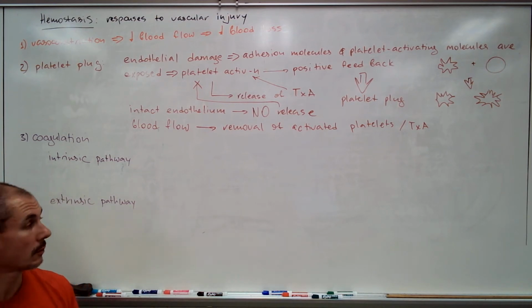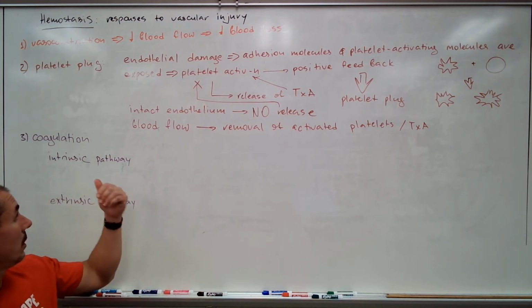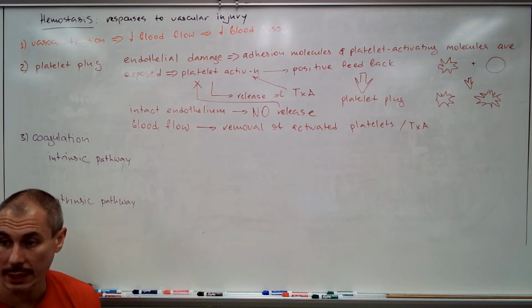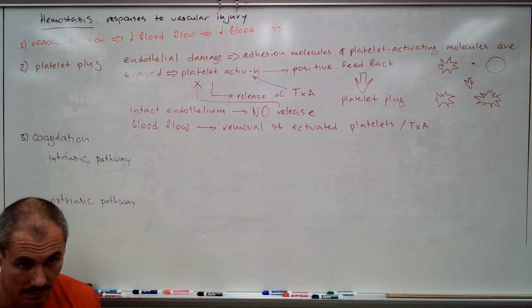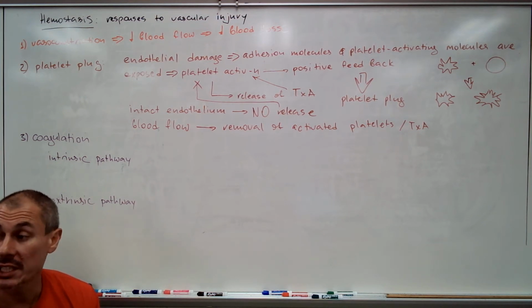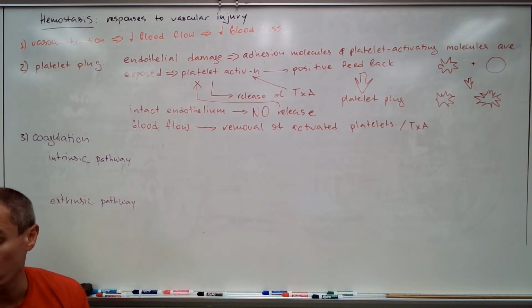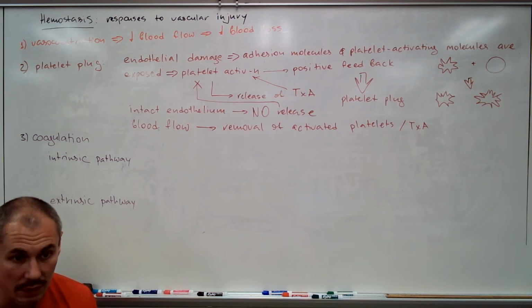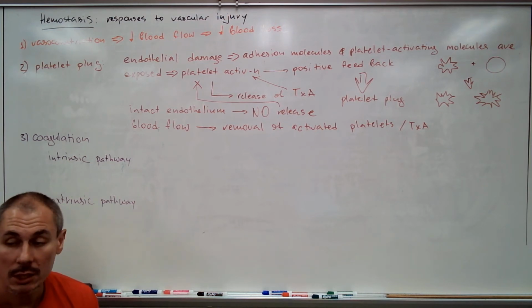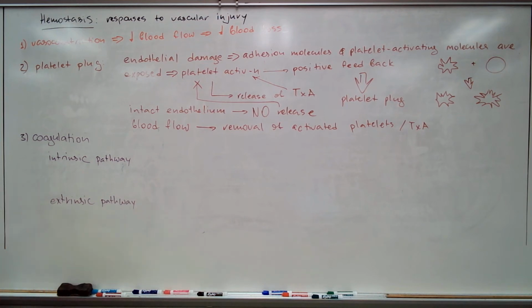Now, look at me. Intrinsic means inside. Intrinsic pathway is activated when damage is pretty much restricted to the blood vessel, when damage is mostly restricted to the endothelium. Does that make sense? So damage is relatively minimal.